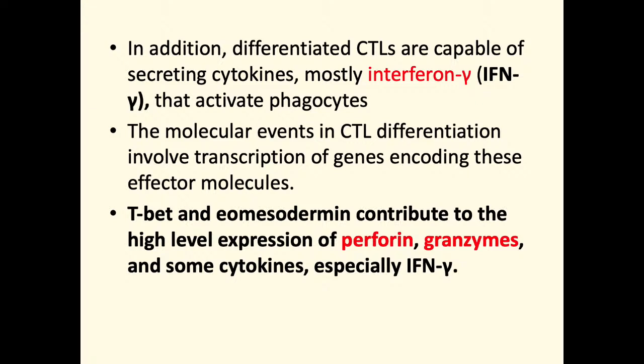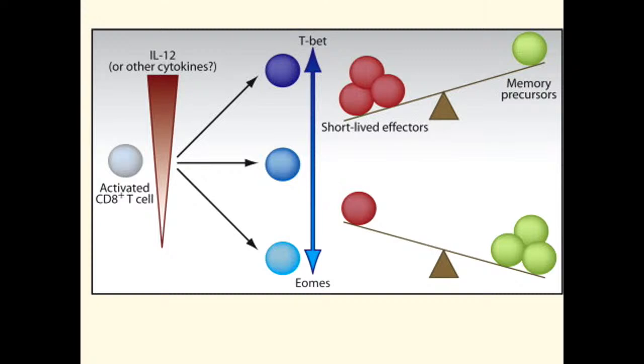And as I told you, there are some gene transcription factors like T-bet or Eomesodermin which promote the differentiation of naive T cells into effector T cells like CD8 T cells, and they increase the production of some cytokines, perforins, and enzymes, which destroy those virus-containing cells.